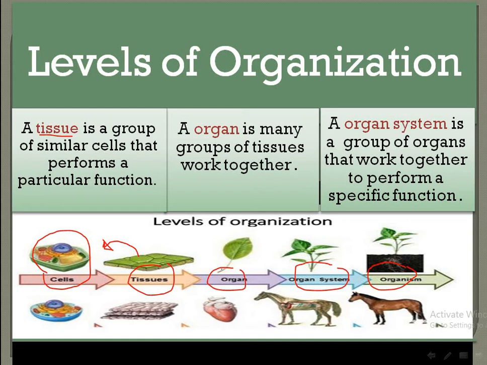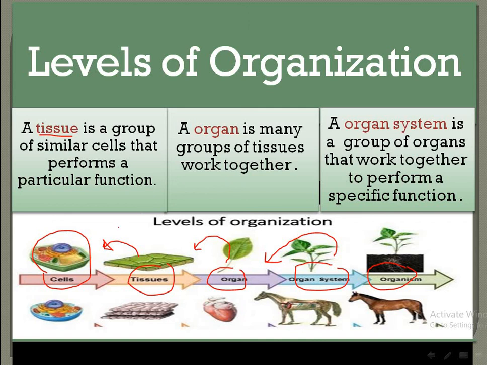What do we mean by organ? An organ is a group of tissues working together, which means the organ is made from many tissues. Now, the organ system is many organs working together to perform a specific function.